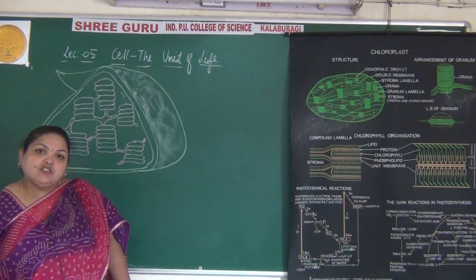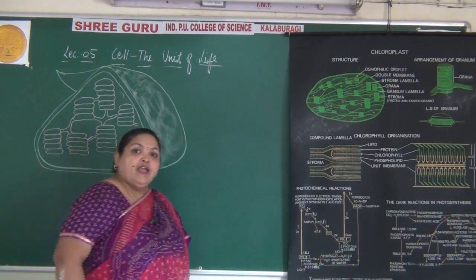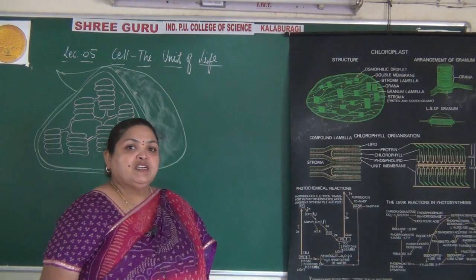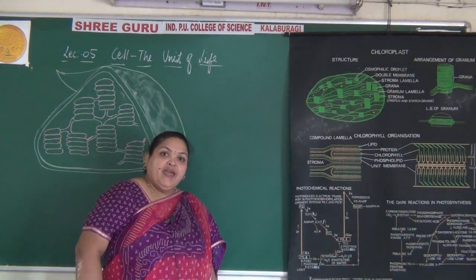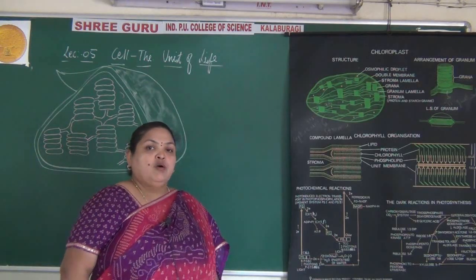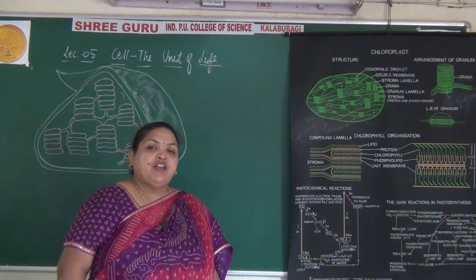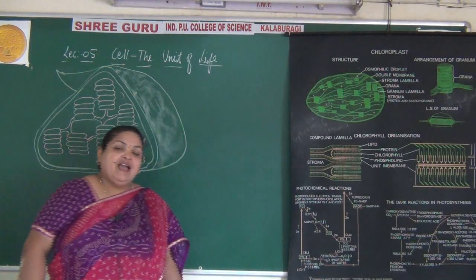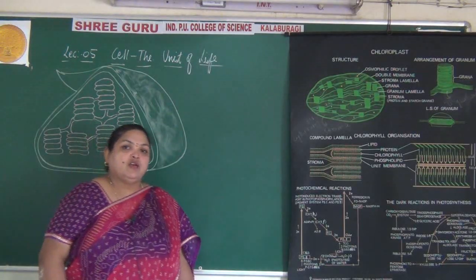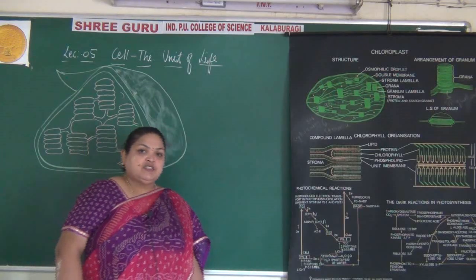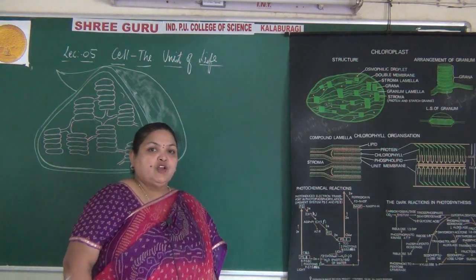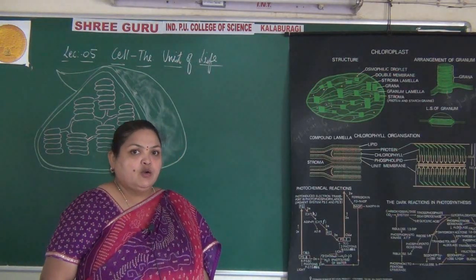The chloroplasts are present in all the photosynthetic plants, that is the autotrophs, where they have a pigment called chlorophyll which traps the solar energy and helps in the synthesis of the food. So the plants have the unique green color because of the presence of the chloroplast.